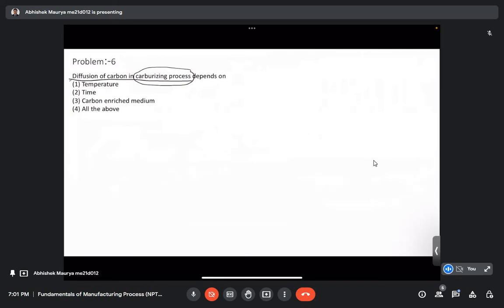So suppose we have some component like this, our substrate material, or we have some ferrous material, suppose a ferrous alloy which is not so hard, or is too ductile.